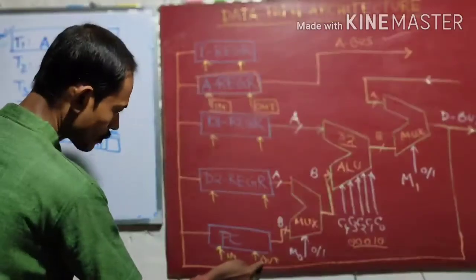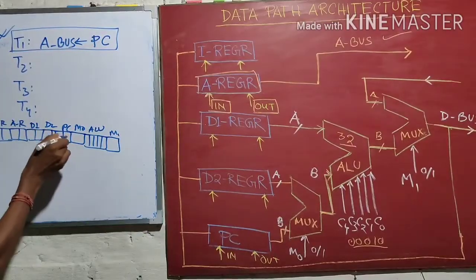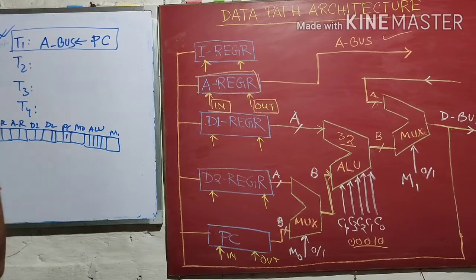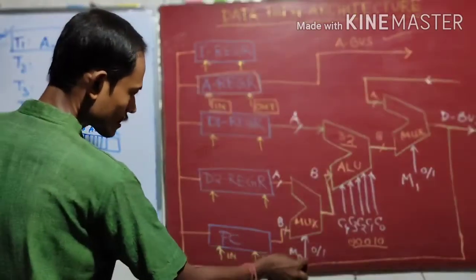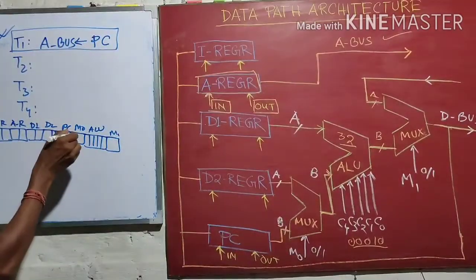The PC out will be on, that means PC out will be 1. Then the multiplexer control signal M0 will be 1.